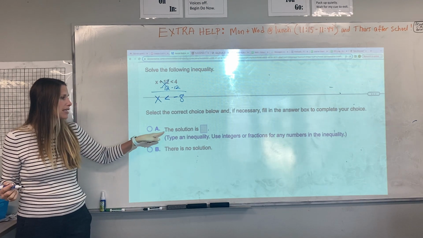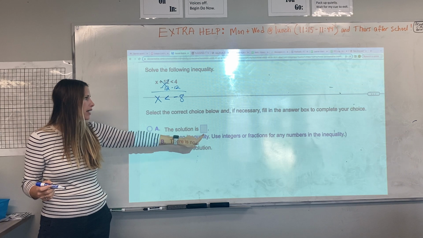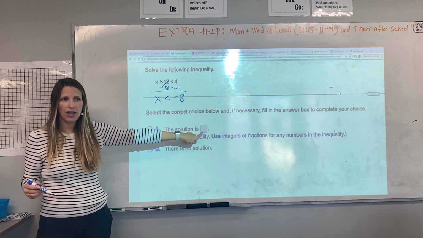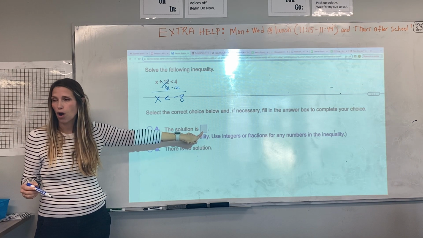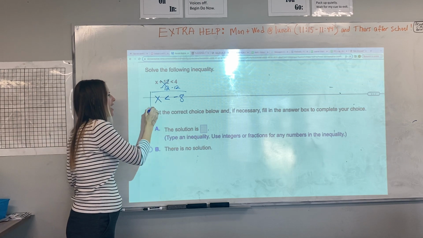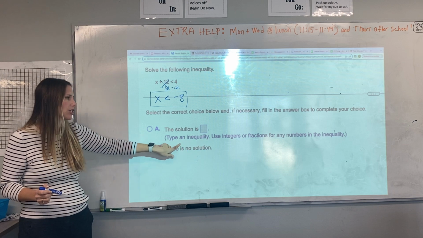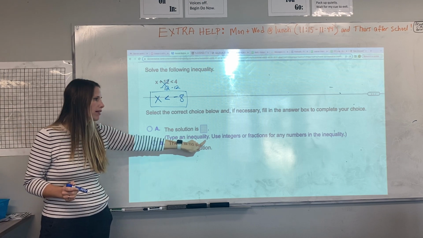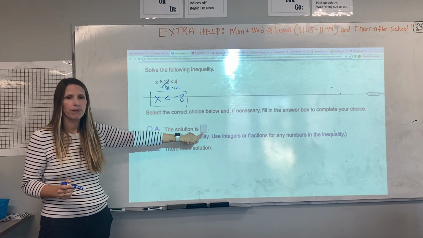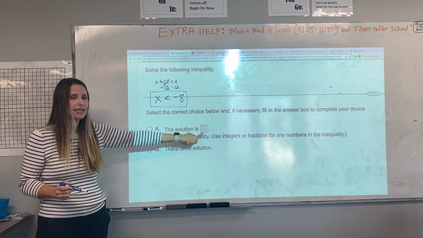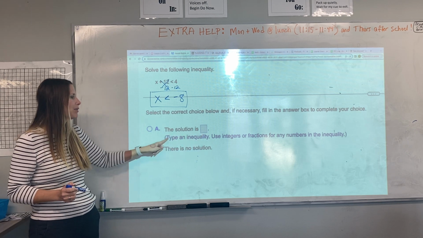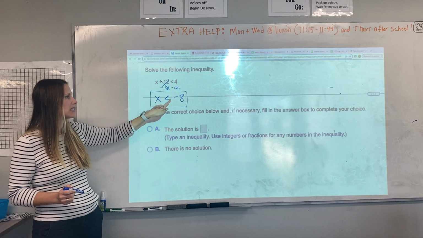Now, when it says the solution is, if you write negative 8, it will mark it wrong. You must say x is less than negative 8, and it gives you that instruction right here. It says type an inequality. It doesn't say just put negative 8. It doesn't say type an integer. It says type an inequality. You need to write x is less than negative 8.